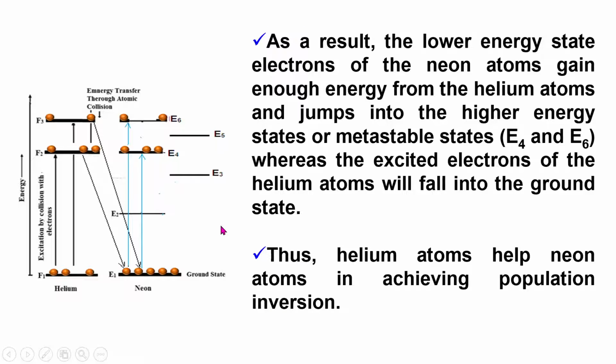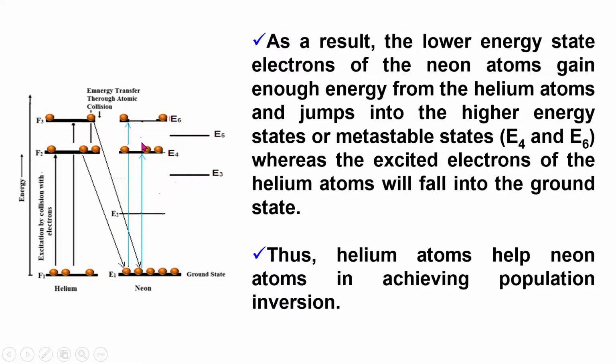These E4 and E6 are also known as the metastable state in the neon energy level diagram. Thus the helium atoms help the neon atoms in achieving the population inversion. Here the helium atoms transfer their energy to the neon atoms.